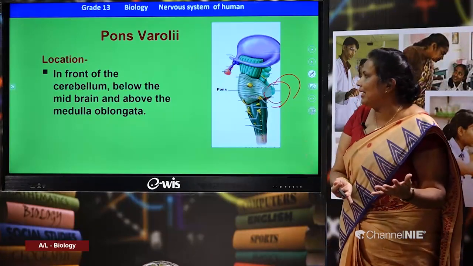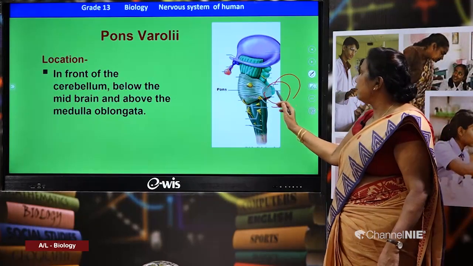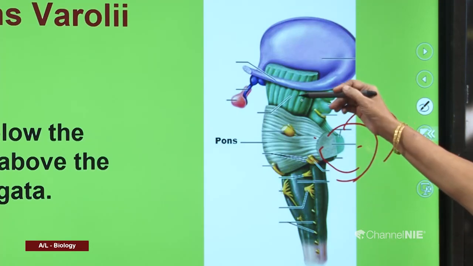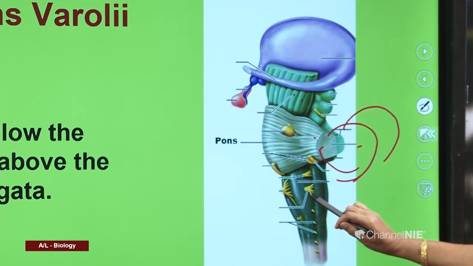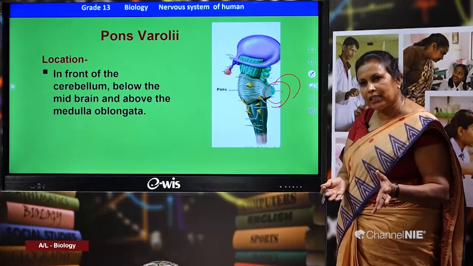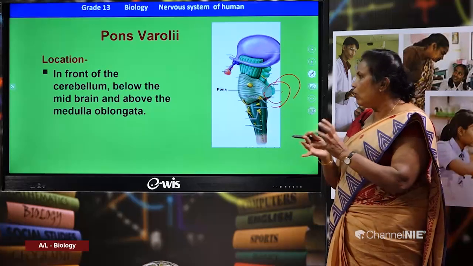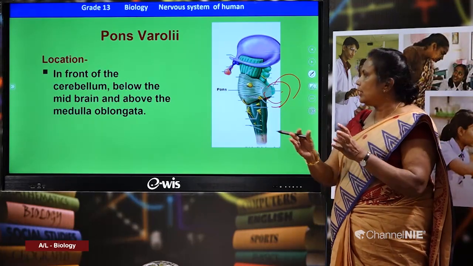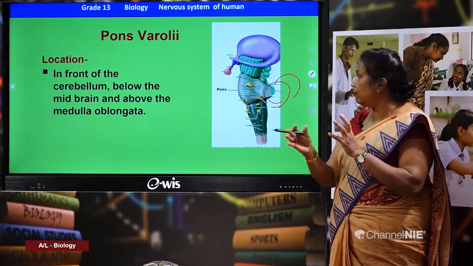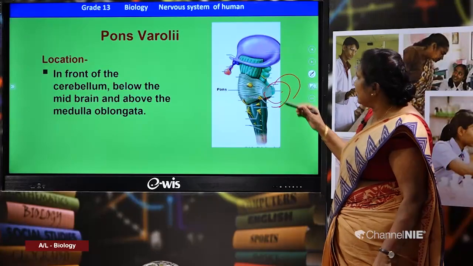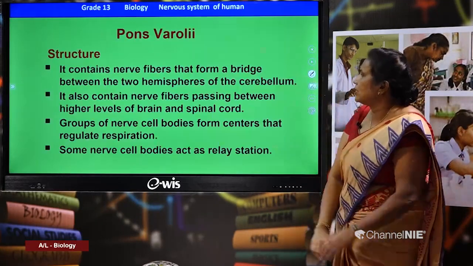It should be explained as in front of the cerebellum, below the midbrain, this is the midbrain, and above the medulla oblongata. That is how we have to explain. Always, location has to be explained relative to different structures in the brain, right. So, that is the location of Pons varoli.